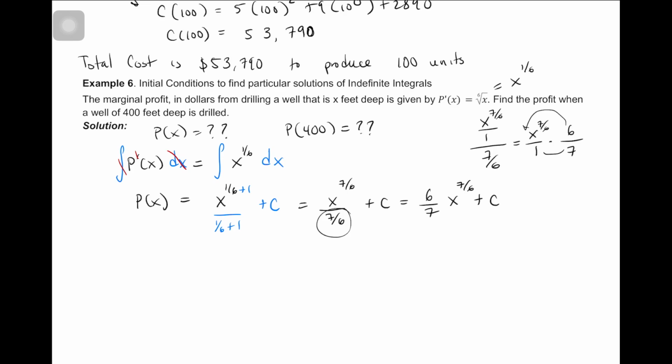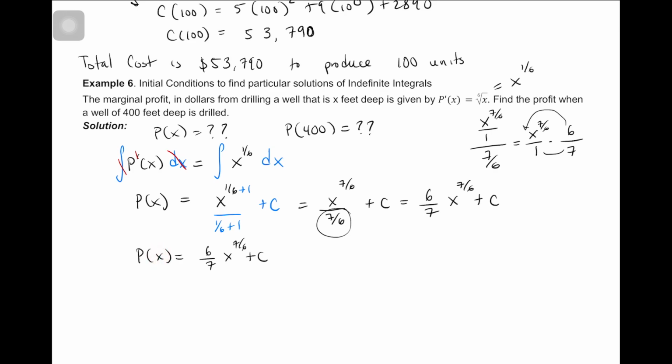So that means that p of x should equal 6/7 times x to the 7/6 plus c. All right, so what is next? Next is to figure out what the c value is, the constant. This is where it gets a little bit tricky, so we have to use some critical thinking here. This is the profit of drilling x number of feet.